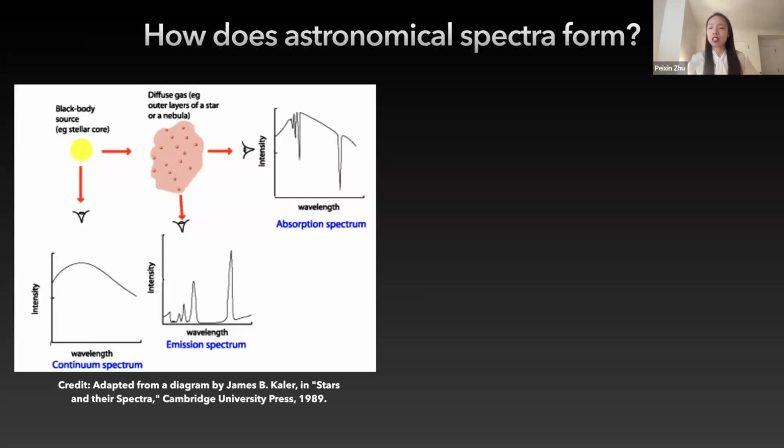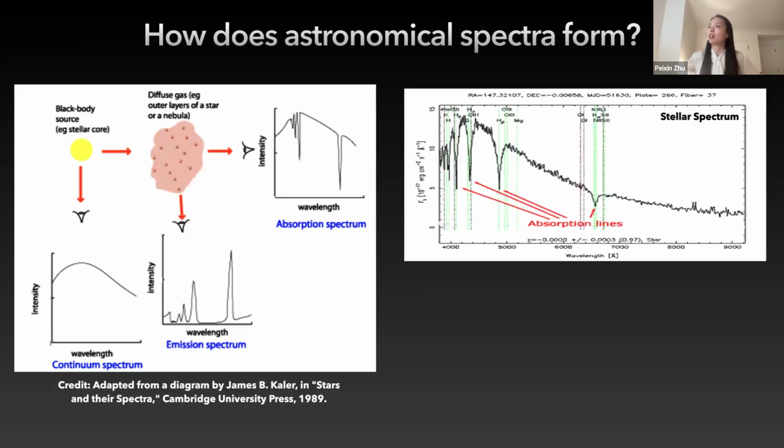Okay, so as I just mentioned, this is a rather simple model because we assume that the source is a black body source. But in most cases, objects are not perfect black bodies. For example, I think the objects in astronomy that are closest to a black body are stars.